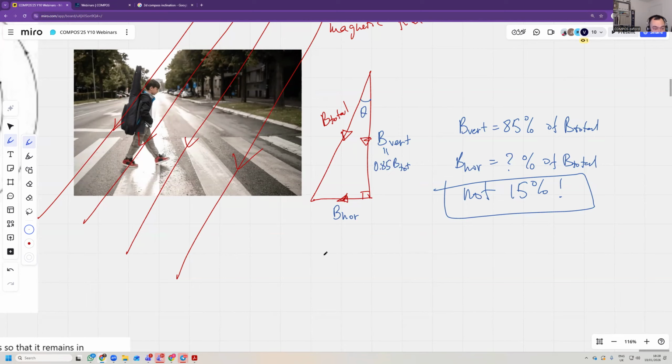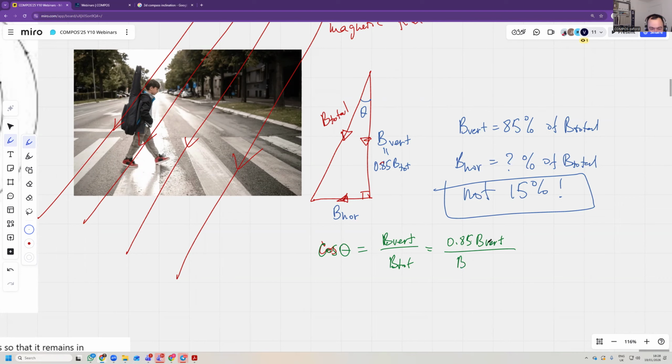You have cosine. Cos theta is adjacent over hypotenuse, so it's B vertical divided by B total. But we know that the vertical is 0.85 B total. B stands for magnetic field; we use B for different reasons.